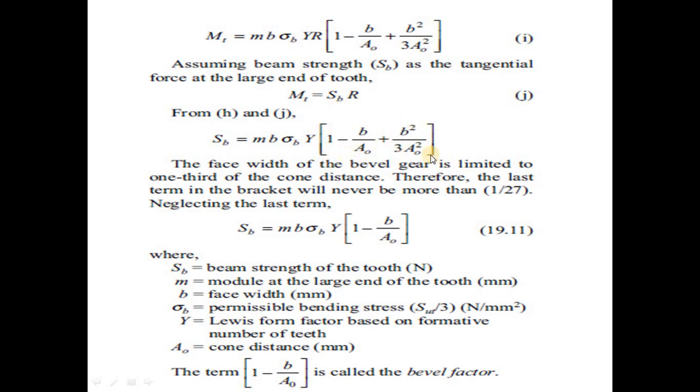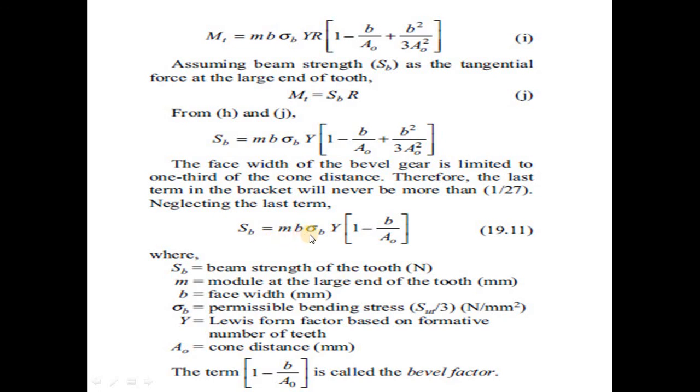That's why this term is avoided, because the beam strength at the larger end is always greater than the effective load, so the design is safe. That's why we consider only 1/3 of the distance from the apex point of the cone, and we can neglect that term and take the modified equation.